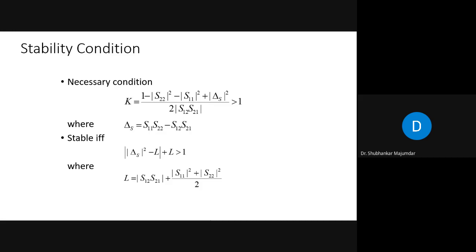So a thumb rule is that your simulation should have 10% extra stability. Means if you are giving a 2.5 gigahertz to 5 gigahertz circuit, then your system should be stable for 1 gigahertz to at least 7 to 8 gigahertz.